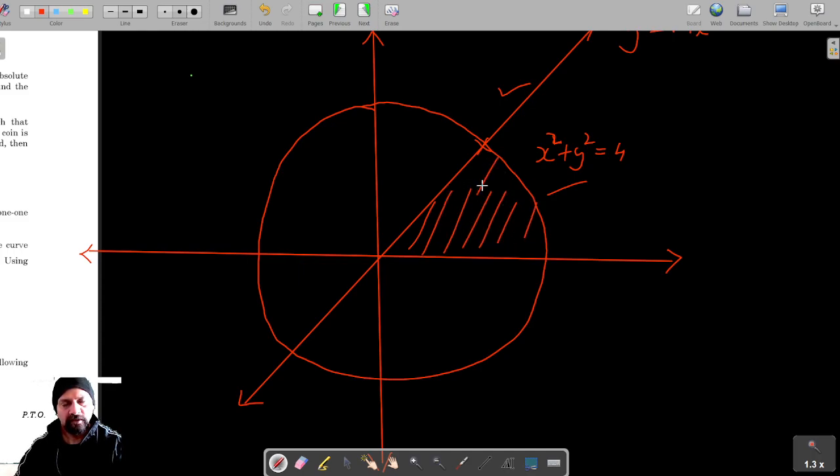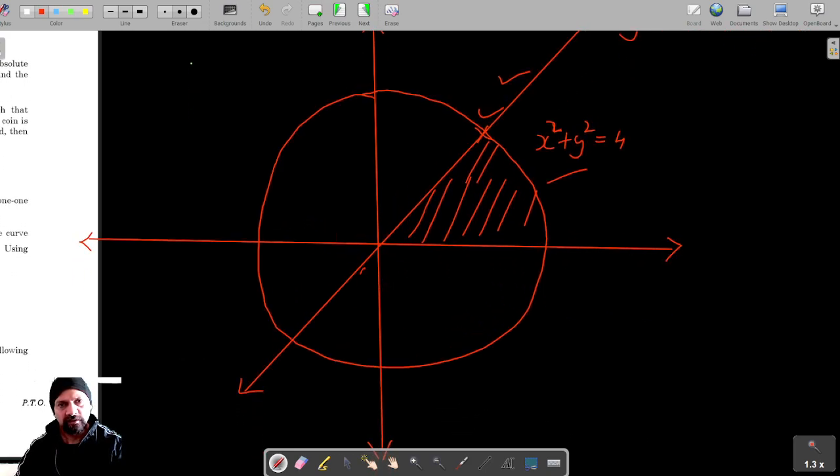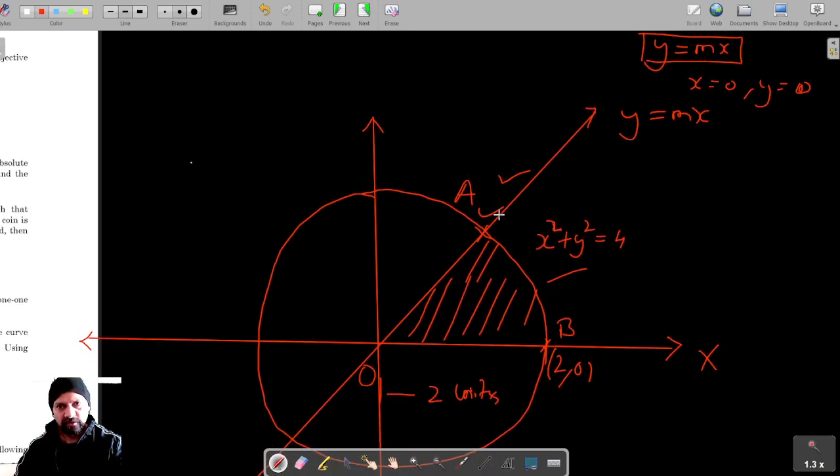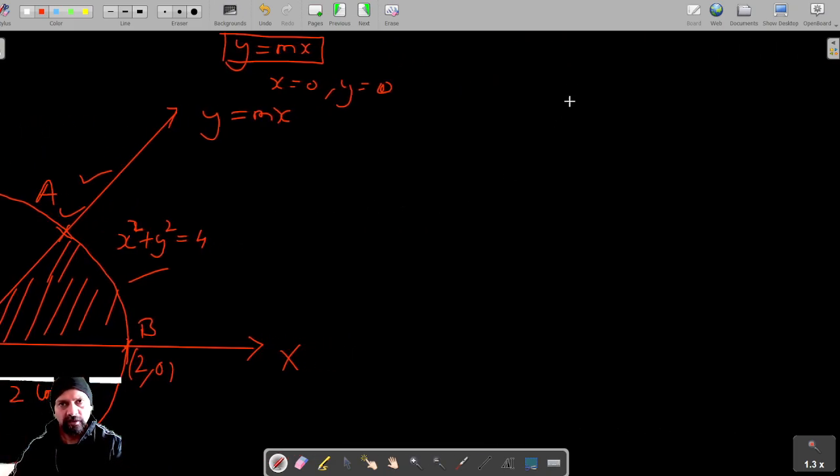The radius is 2 units, so the coordinate of this point where the circle intersects the x-axis is 2 comma 0. Let's say this is point A and this is point B. Now let's find the point of intersection of the circle and the line.